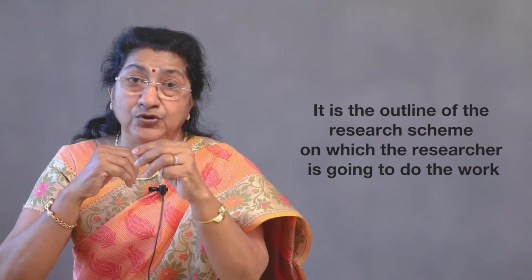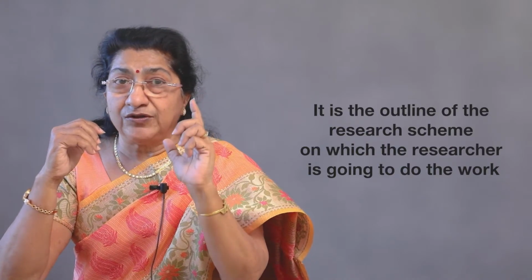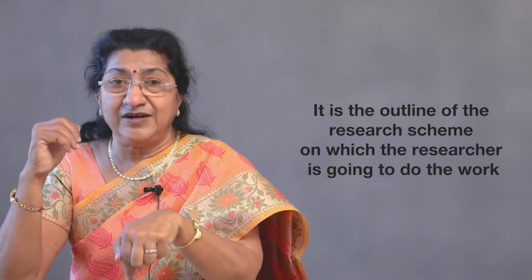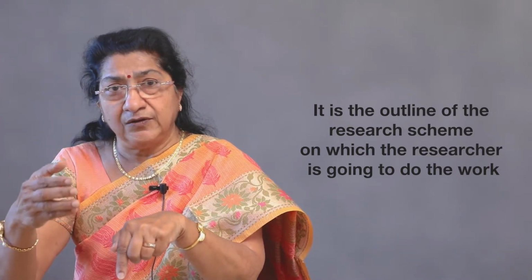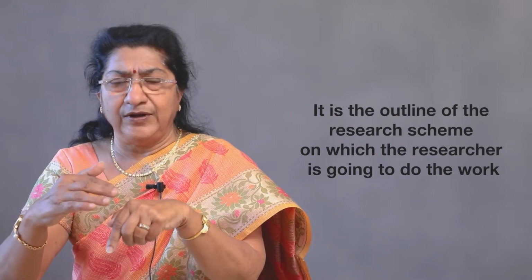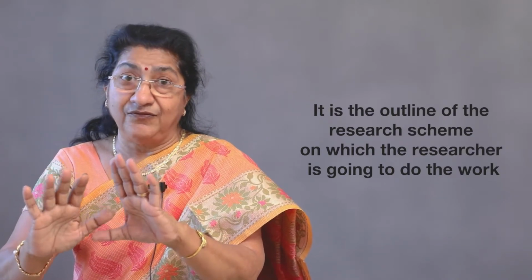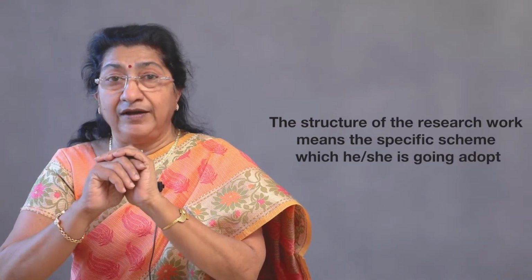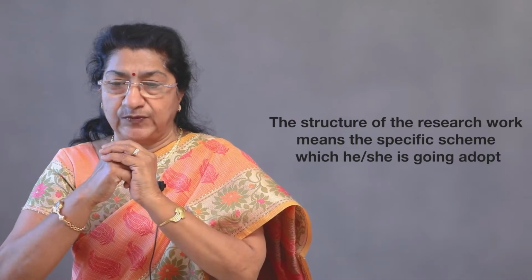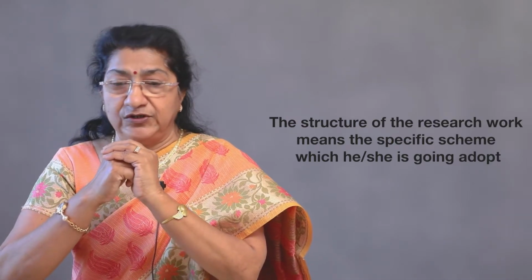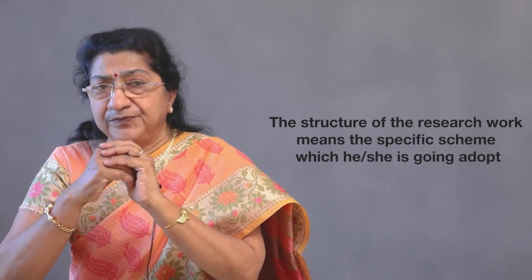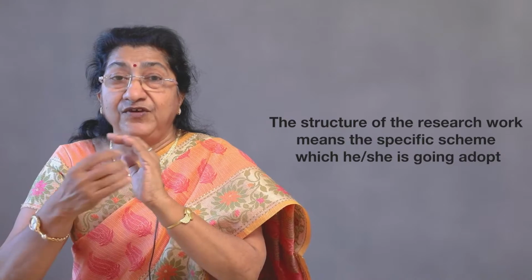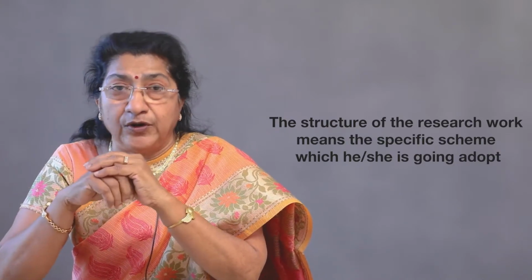That scheme you have to explain so that you can understand it in a nice manner, as well as the user, reader or the evaluator can understand it very nicely. Second thing is, you have to highlight the scope of your research work and the structure of your research work. There are several structures. Among them, which structure you are going to adopt.